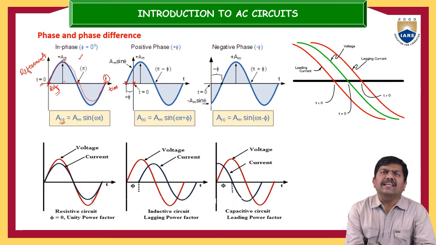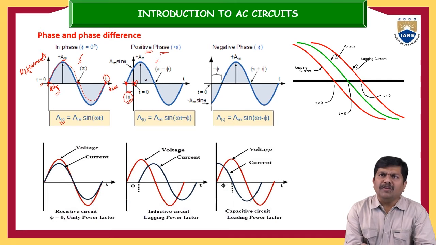With respect to this reference waveform, suppose you compare this particular waveform, the second waveform: instead of beginning at t equal to 0, it was advanced by some angle. So there is some phase difference between t equal to 0 and the originating point of this waveform. This is called the angle of advance, which is the positive angle, that is, the phase.